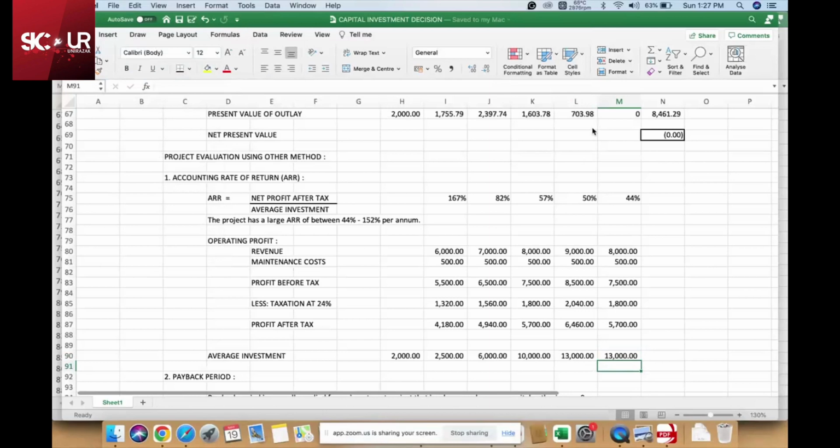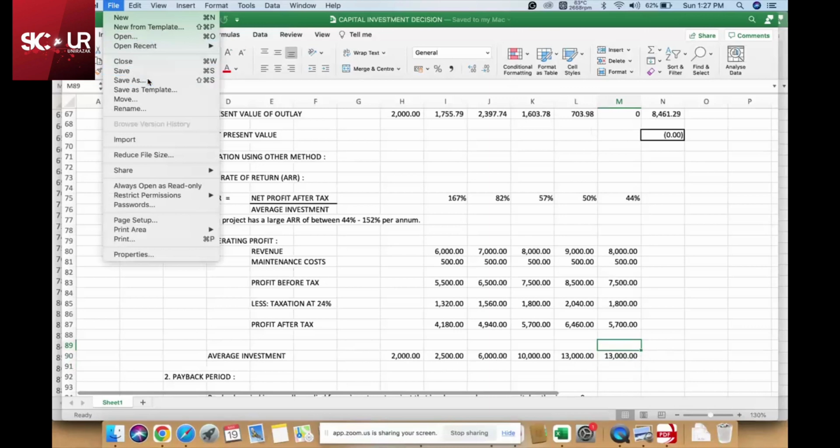Boston building the submarine, so they only incur expenses for the first 4 years, and then year 5 is just finishing job. So no capital outlay.